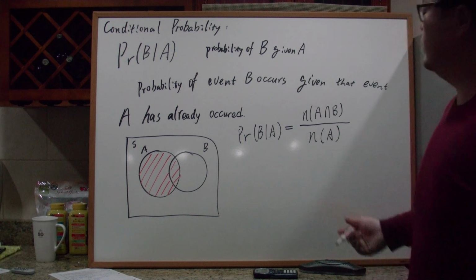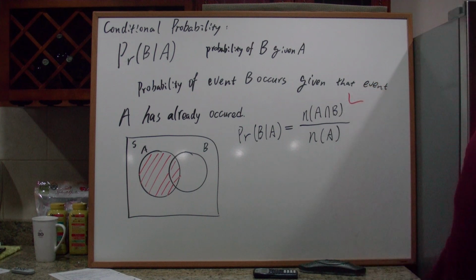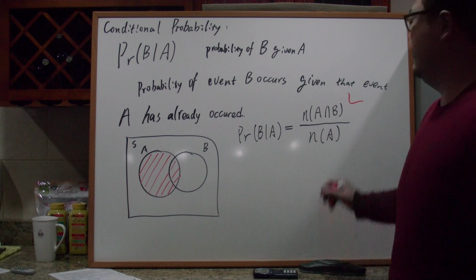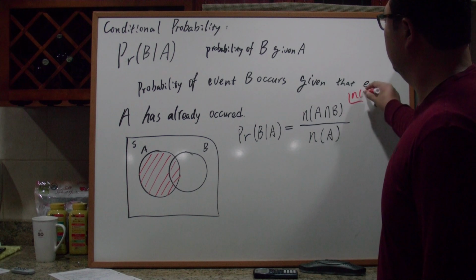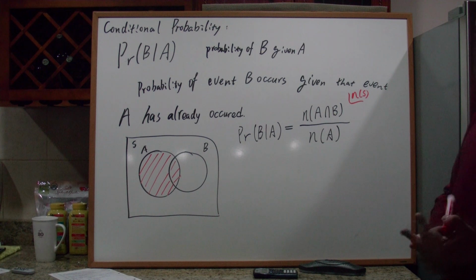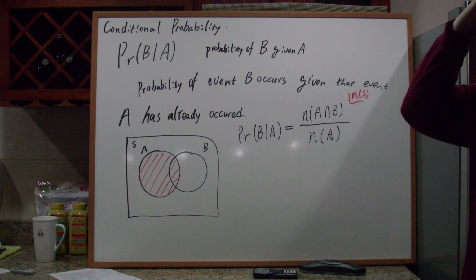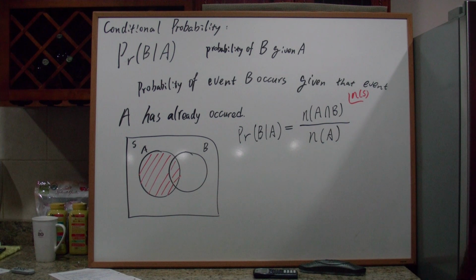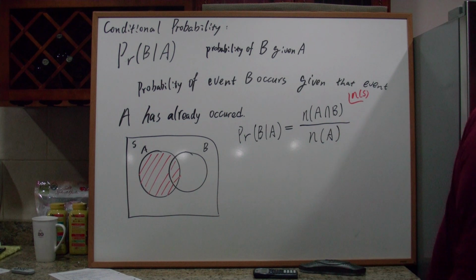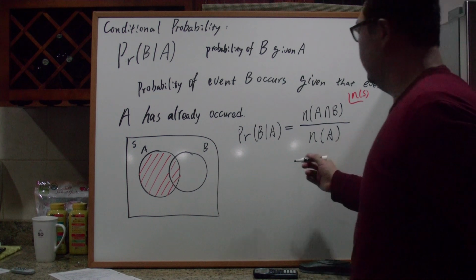Right. So for this formula, if we divide the denominator and numerator both by the size of the sample space, what we actually get is the probability. Sometimes finding the number of ways for the numerator and denominator is easier, sometimes finding the probability is a little easier.